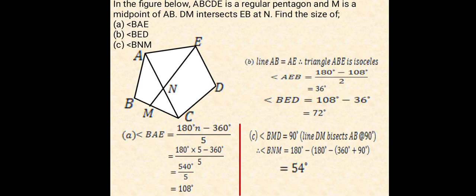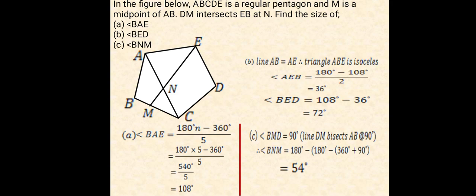But since there are 5, we expect all of them to be equal because it's a regular pentagon, so we divide by 5 to get the size of one angle. So the size of one angle BAE, if you simplify that equation, is 108 degrees. Sorry for the slip of the tongue.